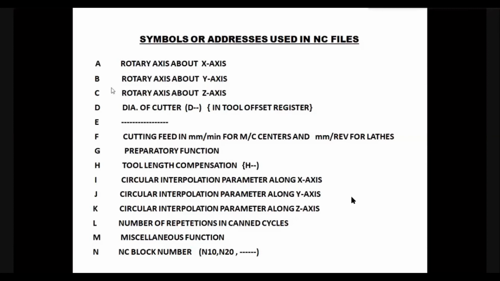As long as tool 33 is in cutting action or in the work area, H33 will be kept in mind, and the diameter D33 also will be kept in mind by the CNC machine. With reference to those two things, all the movements are executed, whether it be cutting or idle strokes, with reference to the tool length and diameter of the tool as fed by us.